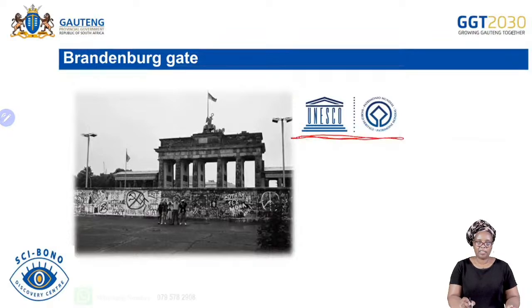It is a World Heritage Site. Remember, I said if you see these symbols, you have to know that that attraction has been given the status of being a World Heritage Site. Yes, so there you can look at the picture of the Brandenburg Gate.